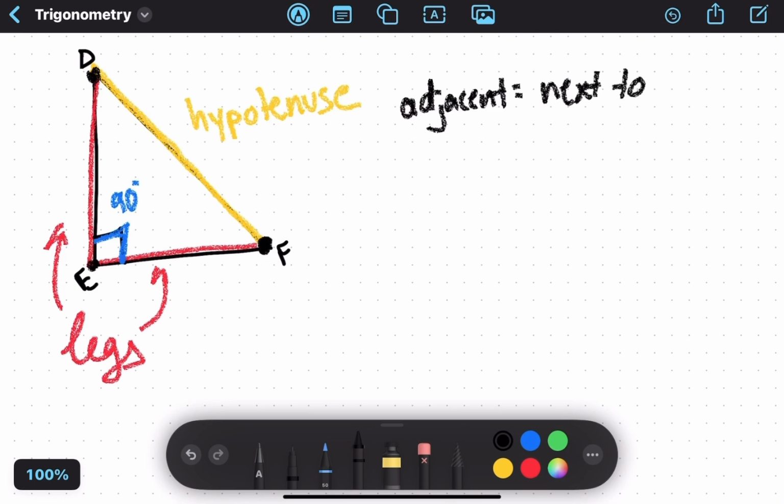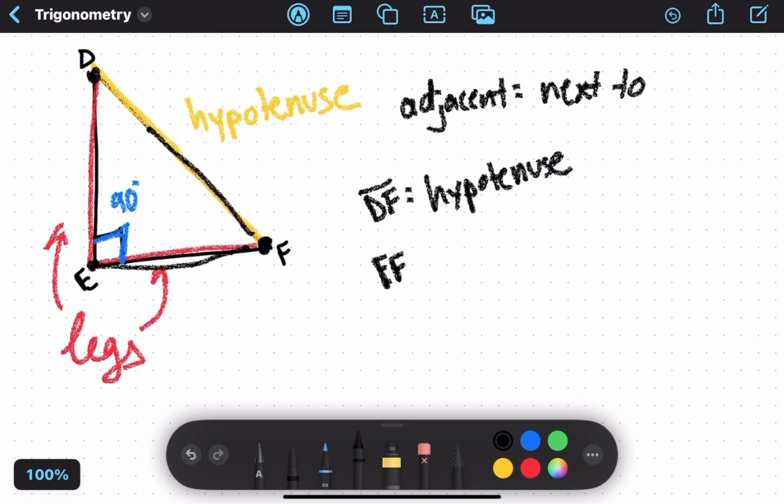So for example, if we're thinking about point F, there are two sides of the triangle touching F. Segment DF is still the hypotenuse to F. Even though it's next to it, it's not adjacent. Legs can be adjacent, the hypotenuse stays the hypotenuse. But EF, that is adjacent.